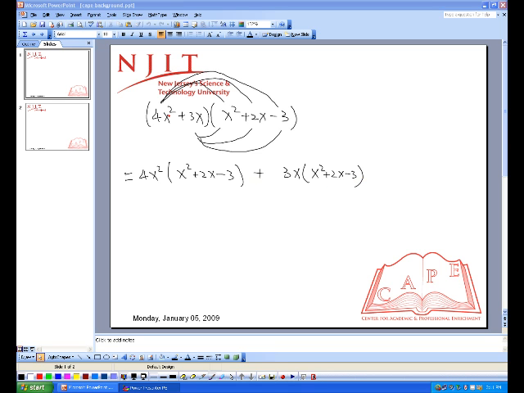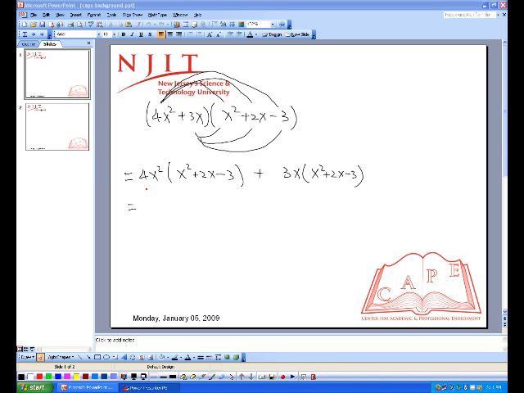See what I did? I break this up into two separate terms. Okay. So now when you do this, this is just similar to the problems we just did, except that now it's two of those problems.